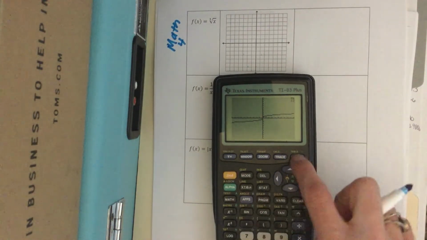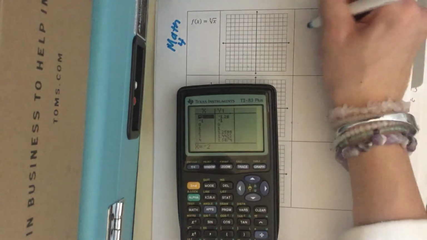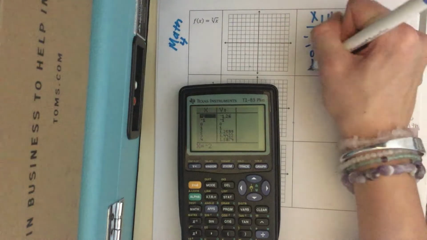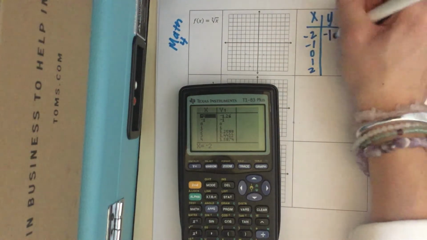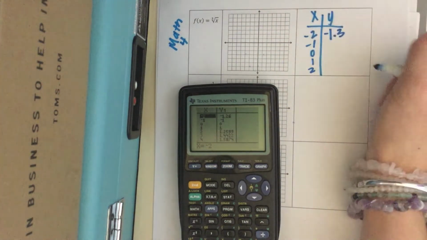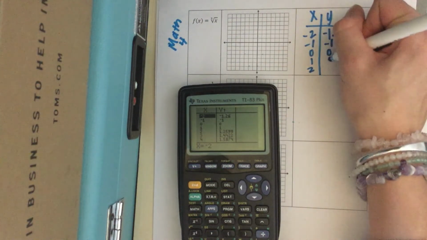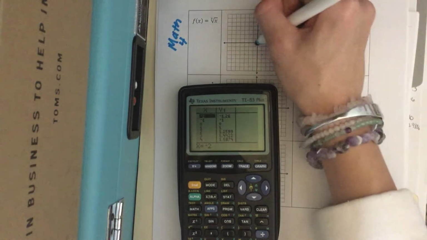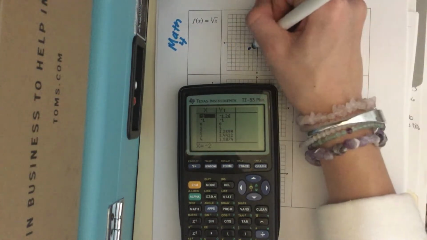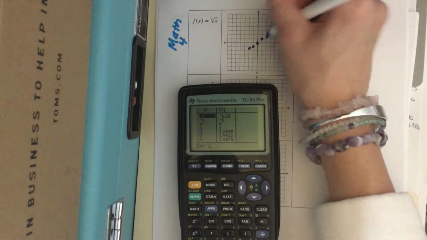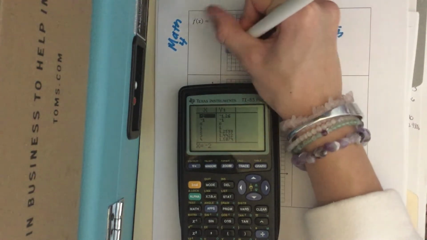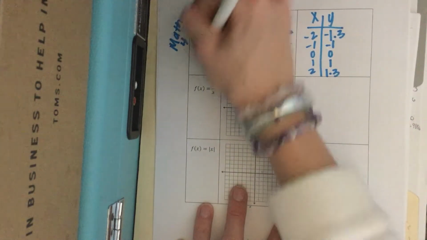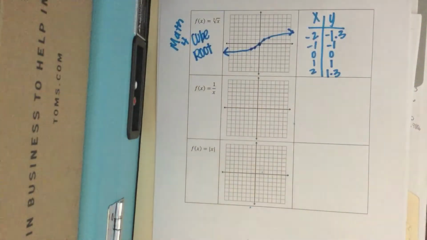Then you go second graph, and we're going to go from -2: x, y, -2, -1, 0, 1, 2. -2 gives -1.3, we'll just round that. So -2, -1.3; -1, -1; 0, 0; 1, 1; 2, 1.3. Okay, and this is the cube root.